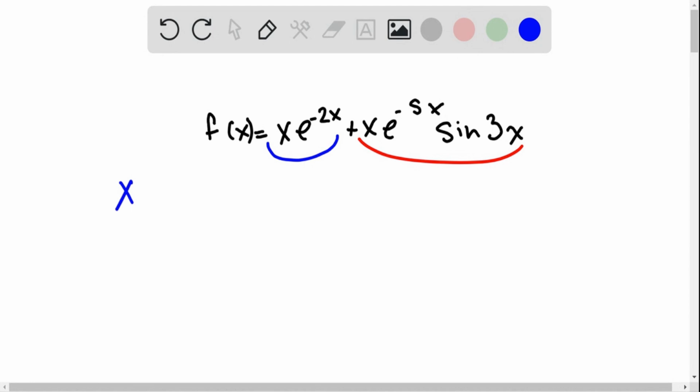This first one, we know that annihilators of the form x to the power of n minus 1 times e to the power of alpha x have an annihilator of the form (D minus alpha) to the power of n.